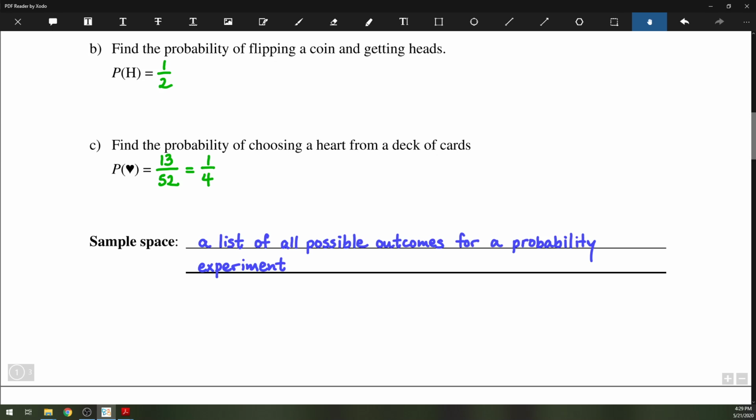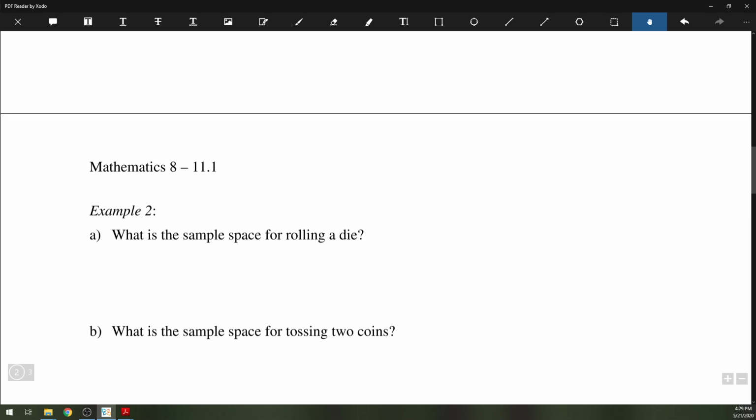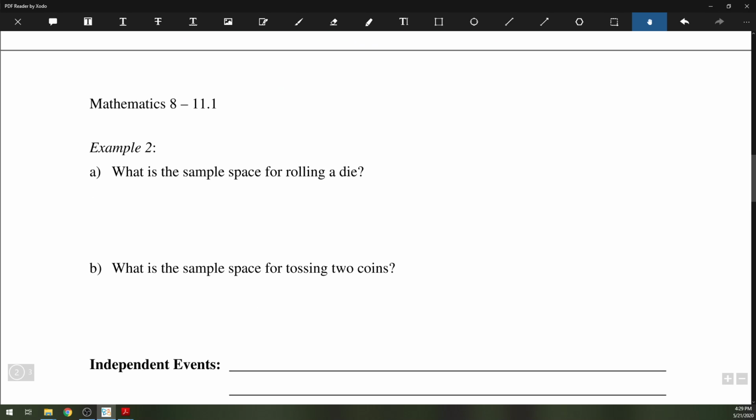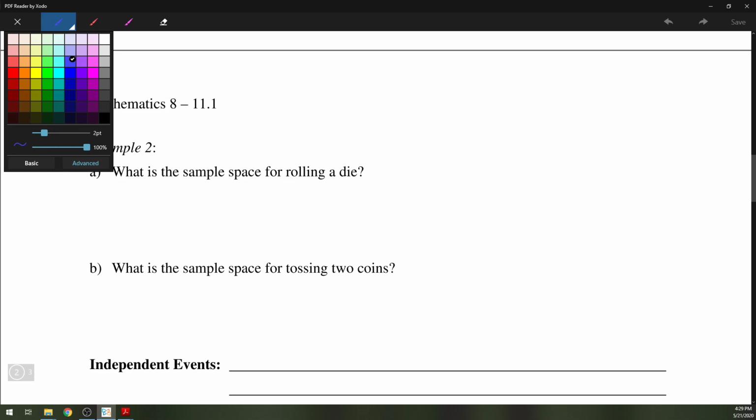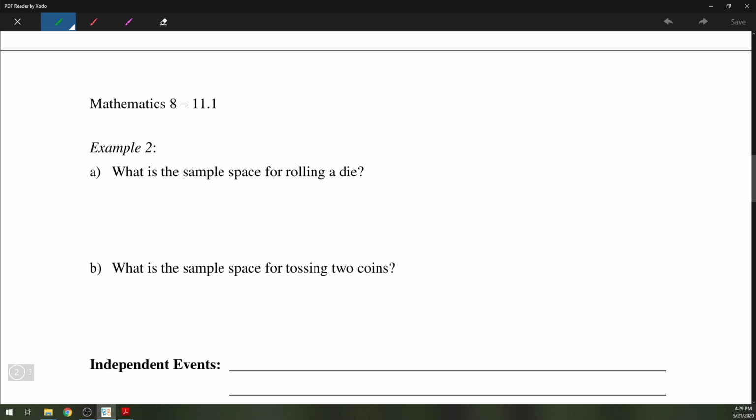Okay, again, we're going to start with something more familiar. What is the sample space of rolling a die? Well, that would simply be the numbers 1, 2, 3, 4, 5, and 6. And that's it. So that's all you need to write. What if you are tossing 2 coins? Well, then there are actually 4 possibilities.